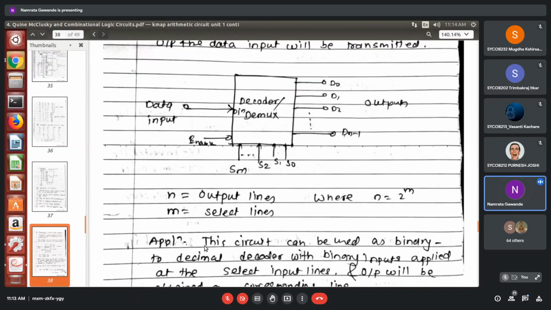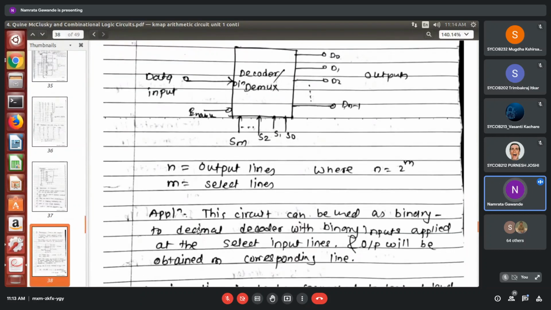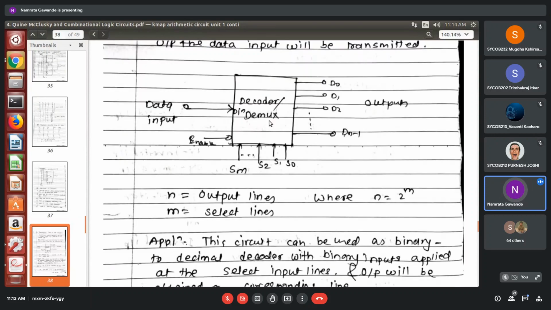Okay, so the application, students, here you can see it is written decoder slash demux. So demux is also known as a decoder. But there is only one difference between decoder and demux that I will tell you later, once we move towards the topic decoder.